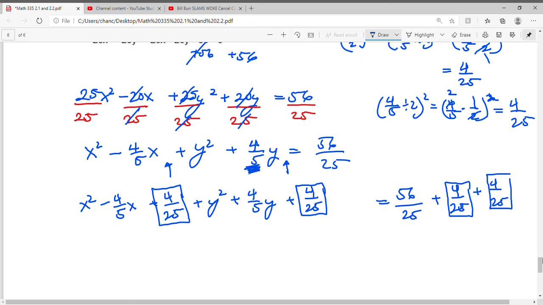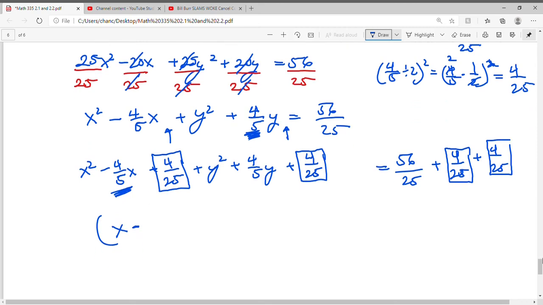Now we can complete the square. To complete the square, we need to take negative 4/5 and divide it by 2. Dividing by 2 is equivalent to multiplying by 1/2. Negative 4/5 divided by 2 is equivalent to negative 2/5. So we have (x − 2/5)². Plus, now we can complete the square for this part.